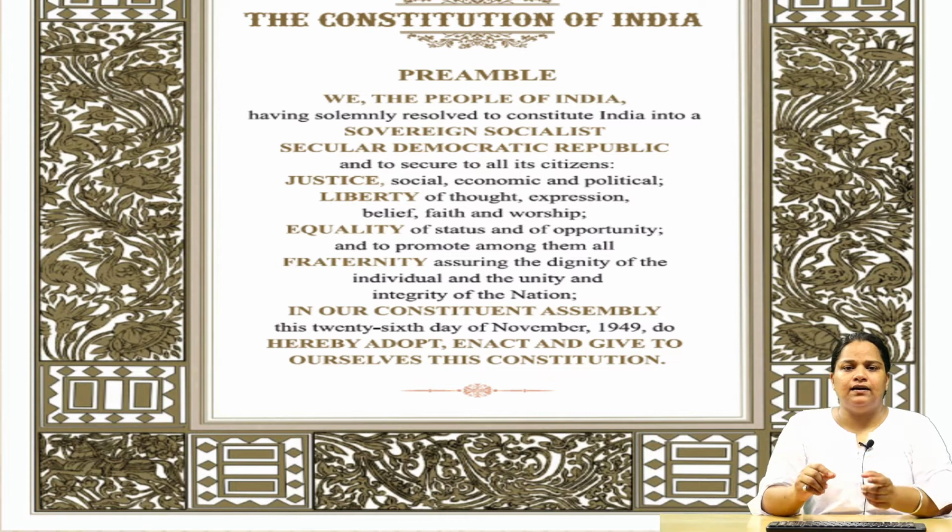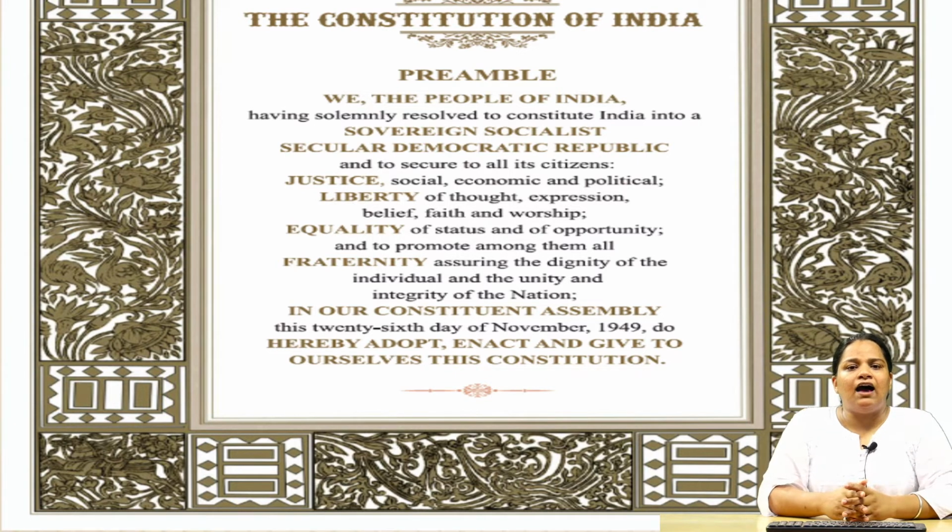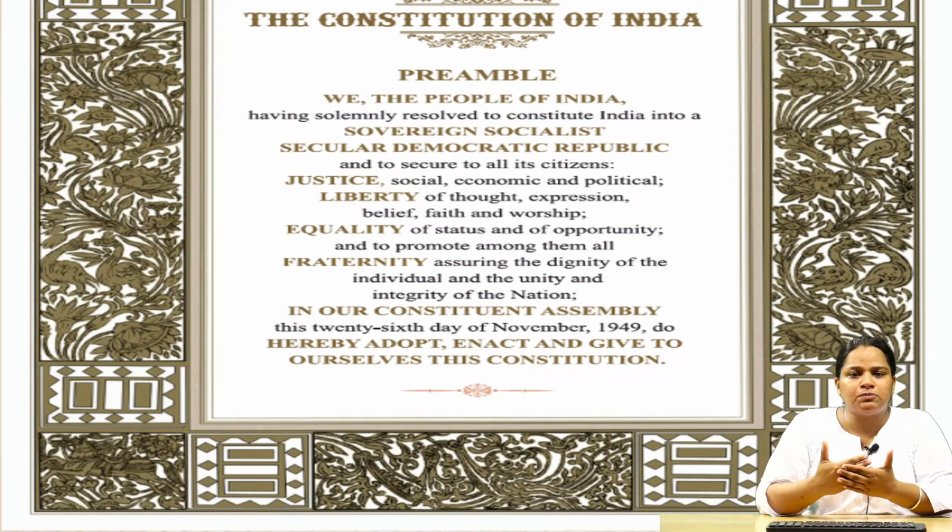The very first line clears it, which is we the people of India, the citizens of India, having solemnly resolved to constitute India into a sovereign, socialist, secular, democratic republic, and to secure all its citizens justice on social grounds, economic grounds and political grounds, then liberty of thought, of expression, belief, faith and worship, then equality of status and of opportunity, and to promote among them all fraternity, the brotherhood, assuring the dignity of the individual and the unity and the integrity of the nation.